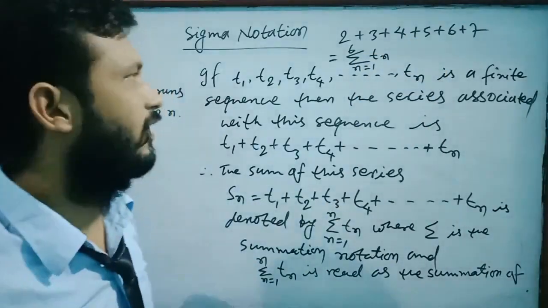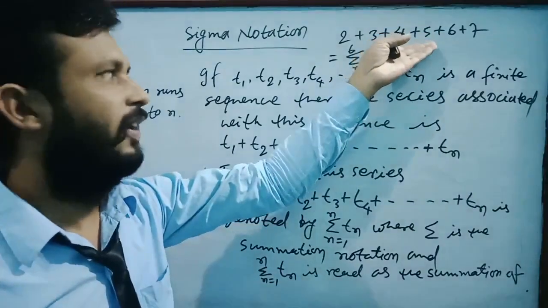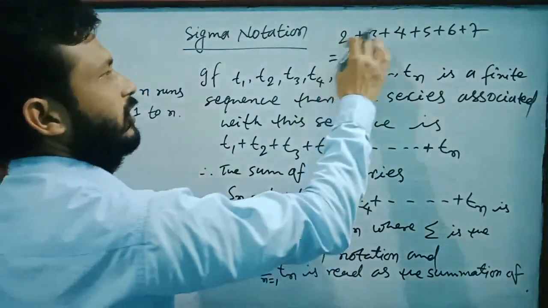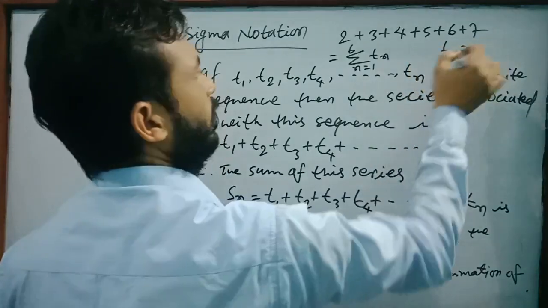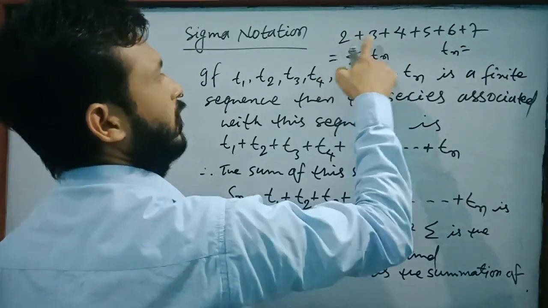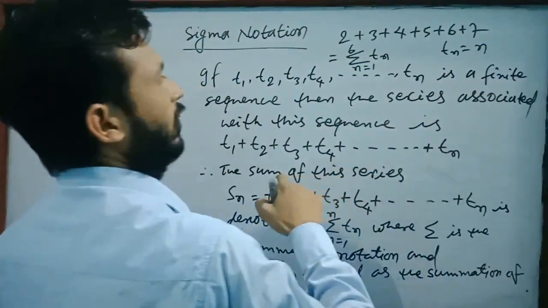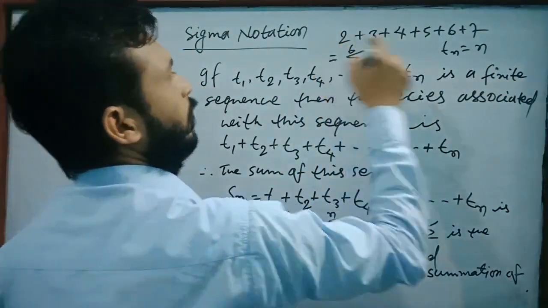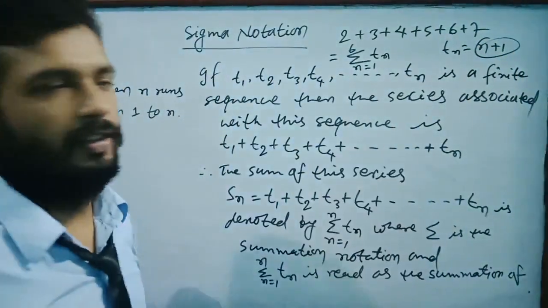Here write the general term. Then what is its general term? First of all, find its general term, then write here. What is its general term? Tn equal to n plus 1. Okay, n plus 1 is its general term.